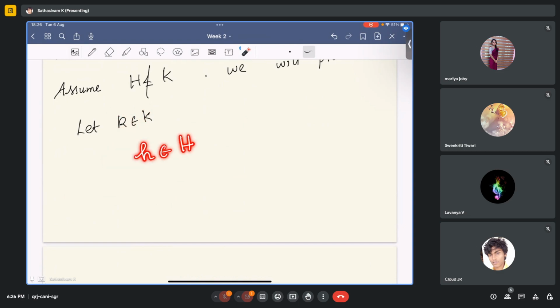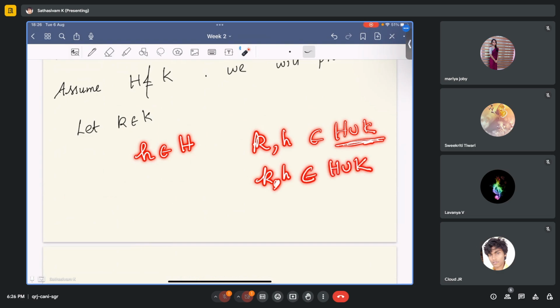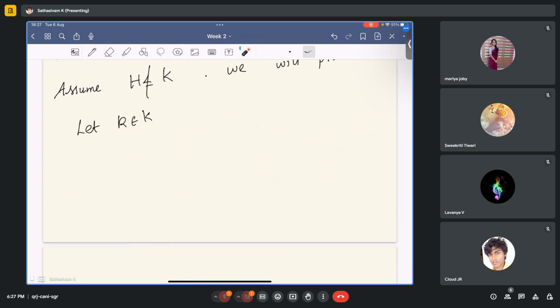And this is a subgroup, so we have k dot h belongs to H union K. What does it mean that kh belongs to H union K? It means it belongs to either H or K. Now we have to use the property. Suppose I say it does not belong to one of them, then I can exploit it. I will show how.